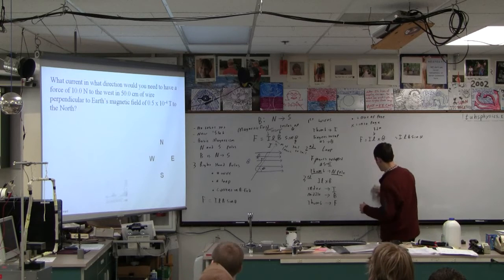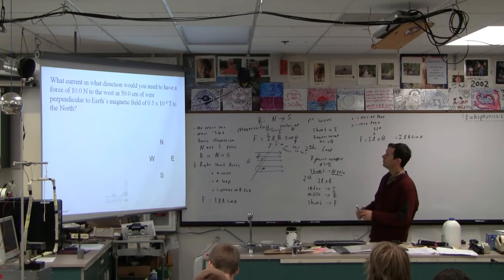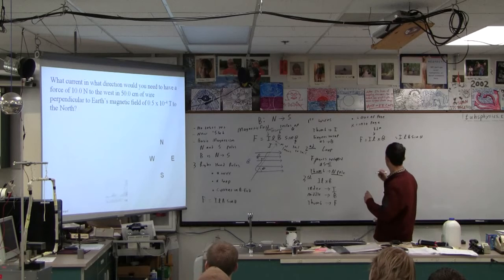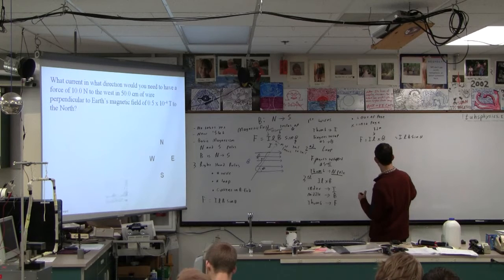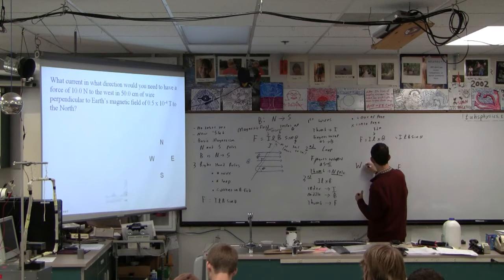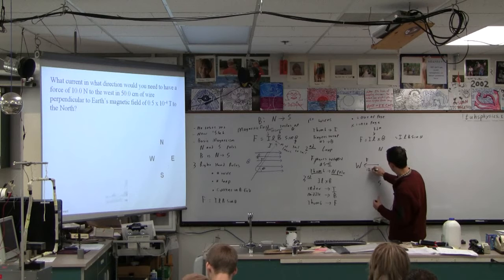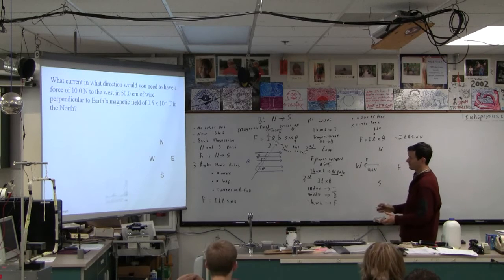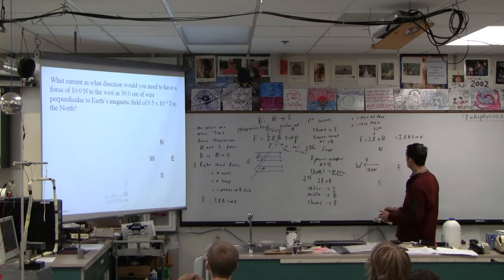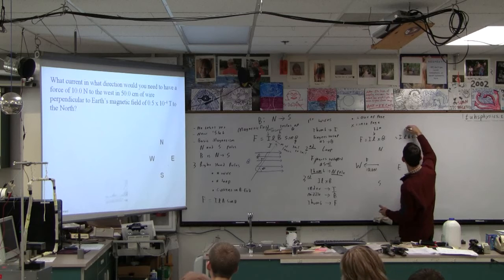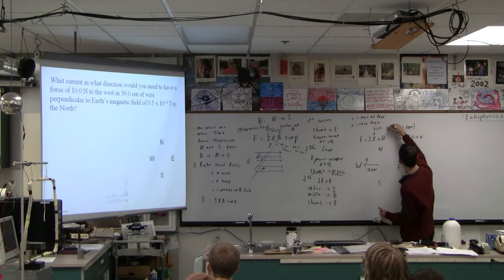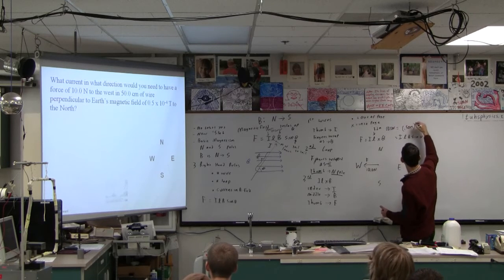So again, let's draw our picture here. We've got force to the west, so north, south, east, west. Our force is to the west, 10 newtons. Apparently we have 3 sig figs. 50 centimeters of wire, so 0.50 meters. And the force is 10.0 newtons.